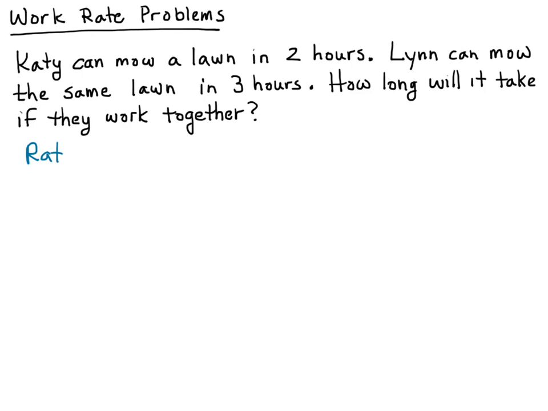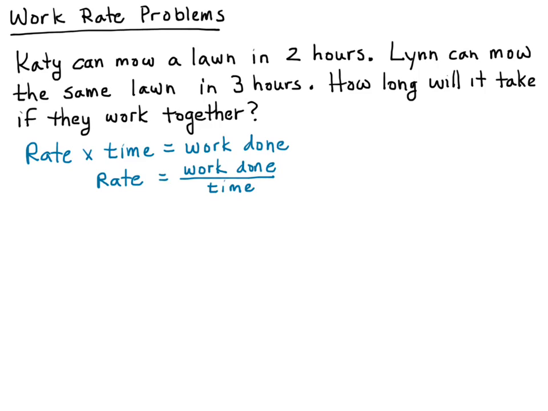All right, so the thing that we want to do is say, okay, how fast are they working? All right, so this is a modification of the rate times time equals distance thing. This is going to be rate times time equals the amount of work done. And the rate, therefore, is the amount of work done over a period of time.